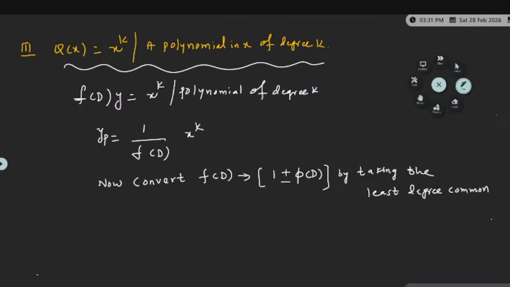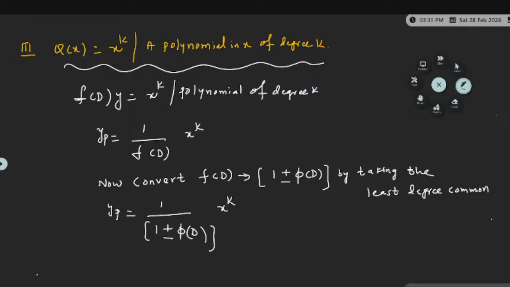This is the first step. Converting the denominator in the form 1 plus function of D, 1 minus function of D, by taking the least degree common. Yes, now it will be in the form, the denominator must be in the form 1 plus or minus phi of D into x power k. Next, what to do? What is the next step?